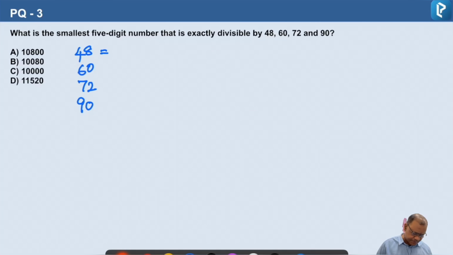48 is 16 threes. 16 is 2 power 4. 60 is 15 fours, 4 into 15. 15 is 3 into 5.